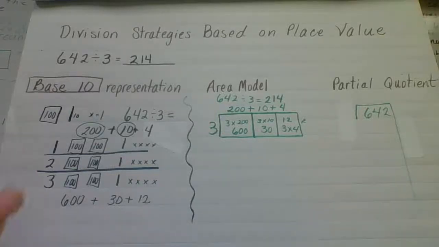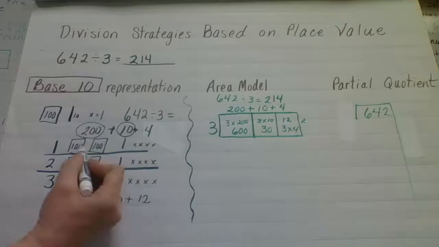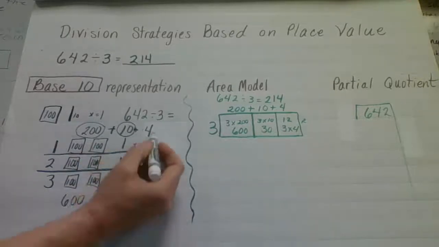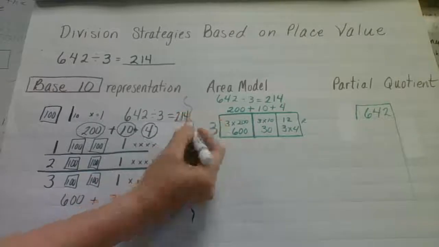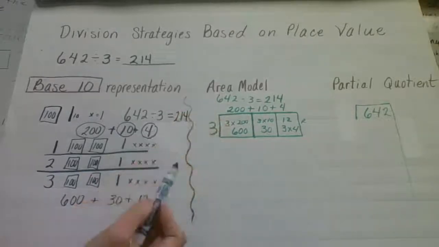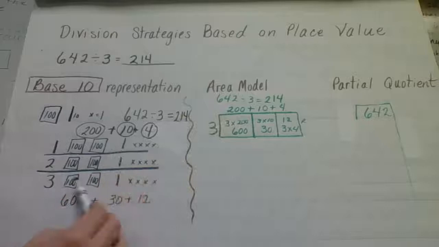And that gives me the rest of my quotient. So each group has 200 plus 10 plus 4. So I have 214 as my quotient. And we can actually go back and look and see where all of that's been shared amongst the 3 groups.